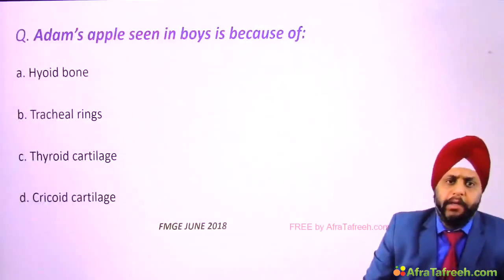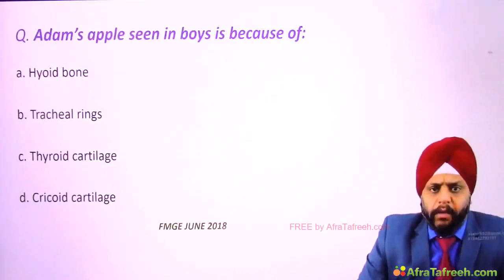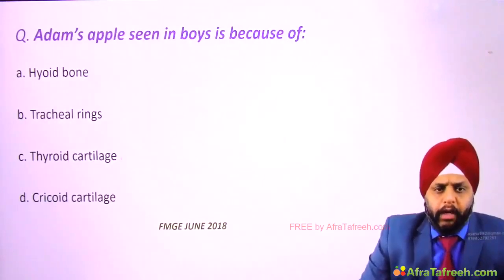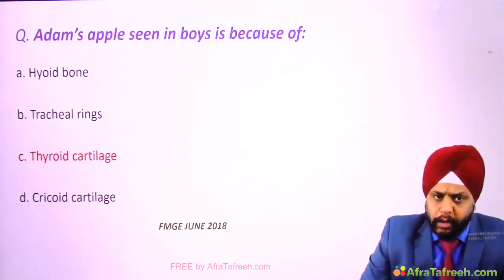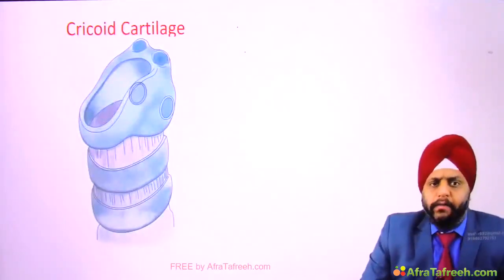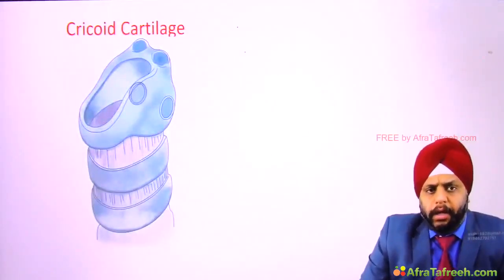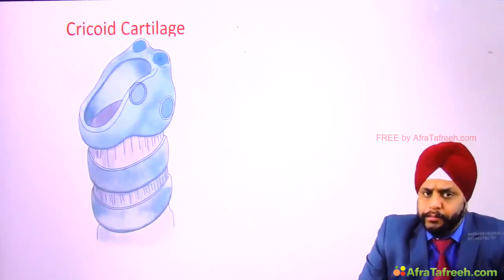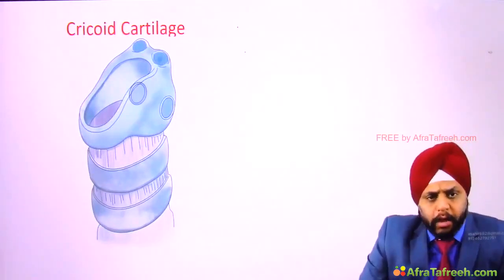And this question has been asked: Adam's apple seen in boys is because of? The answer, now we know, is thyroid cartilage, right? Okay, let's go ahead and look at the third unpaired cartilage, the cricoid cartilage. Now what do you see over here in the cricoid cartilage?